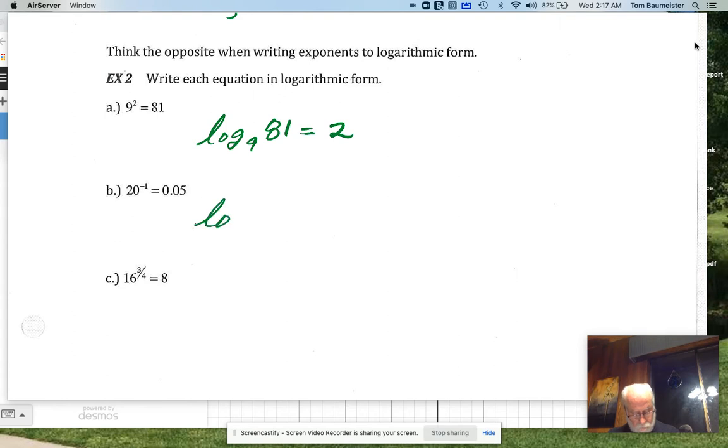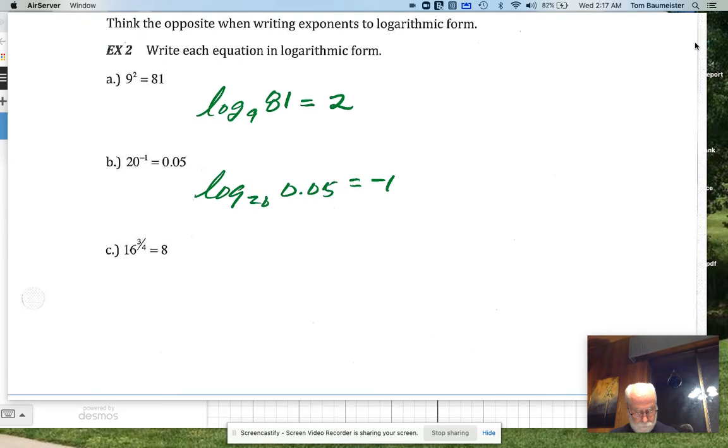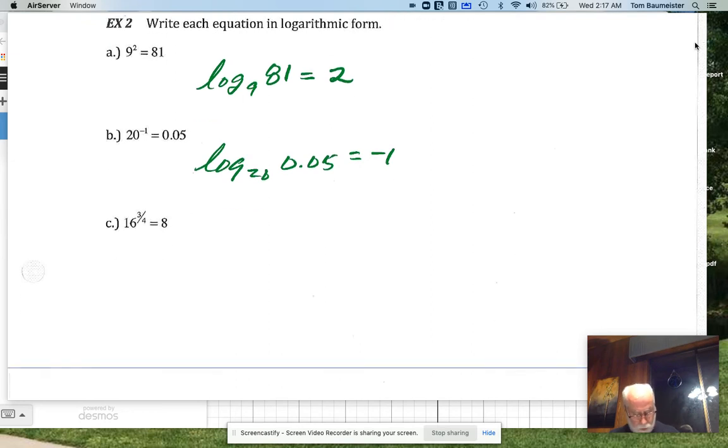So log to the base 20 of 5/100 is equal to -1. And same thing on this one here. Log to the base 16 of 8 is equal to 3/4.